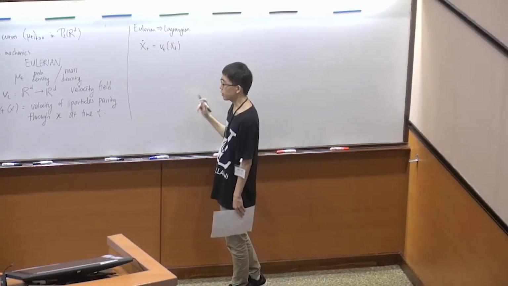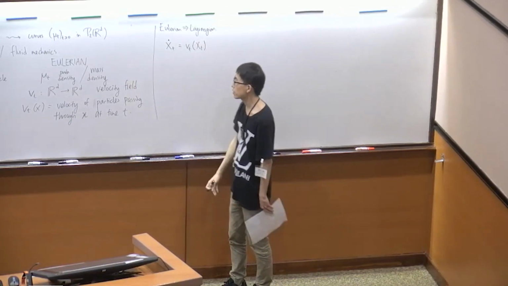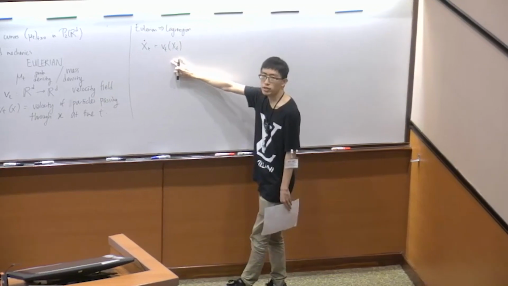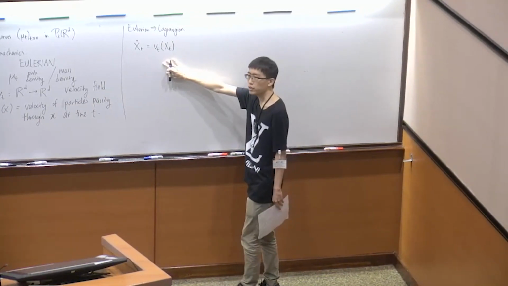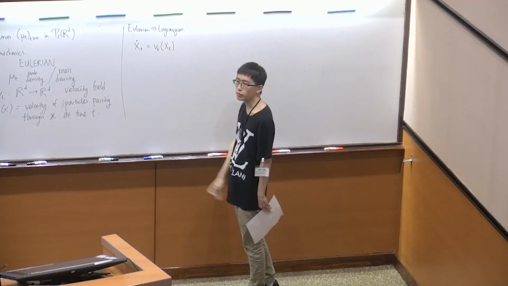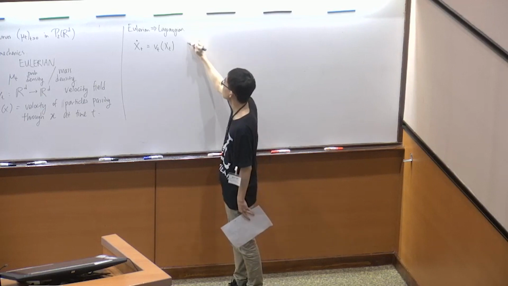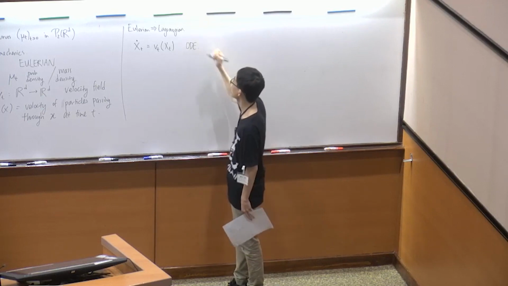All I'm saying is that if I know the Eulerian description, the velocity vector field, I can tell you what the particle trajectories look like. The particle trajectories look like integral curves of this time-varying family of vector fields. So this is an ordinary differential equation.